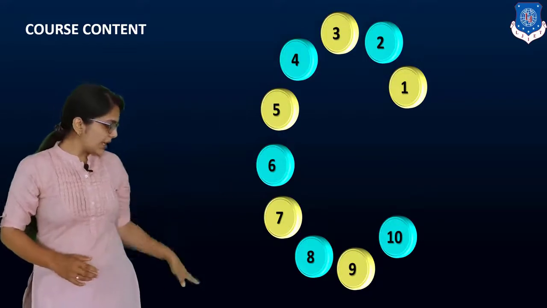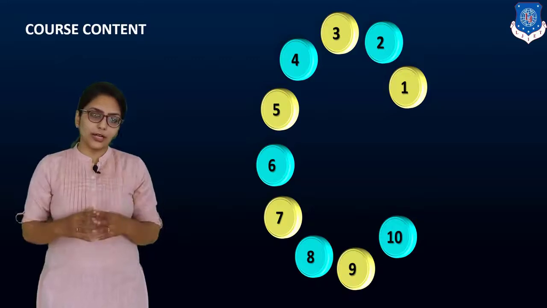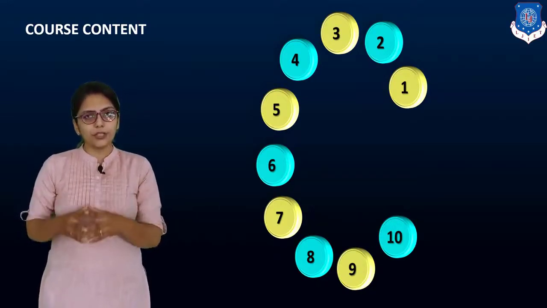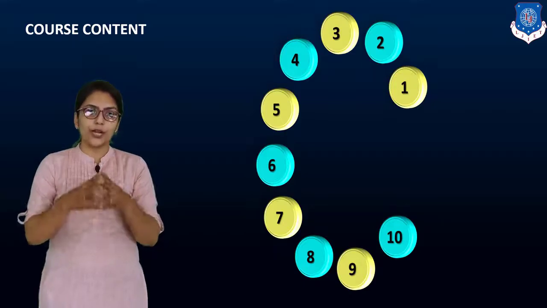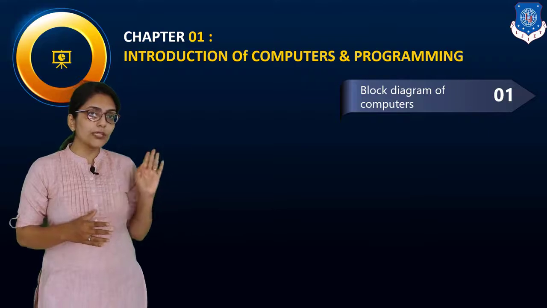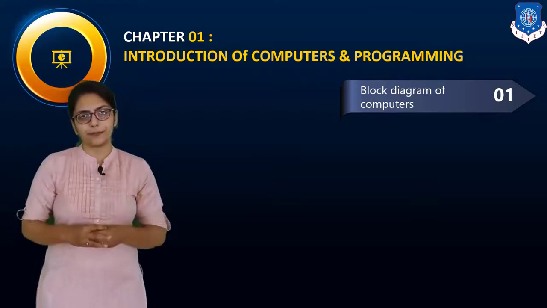So as you can see, you are going to study these 10 chapters. These 10 chapters are arranged in such a way that in the first 2 chapters you are going to get some introductory part. As you can see, the name of the first chapter is Introduction of Computers and Programming.